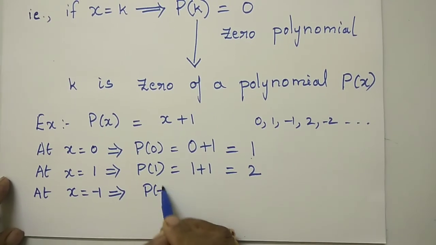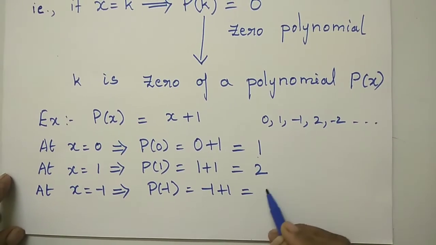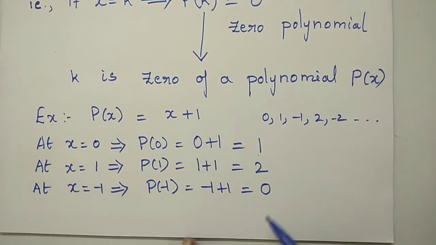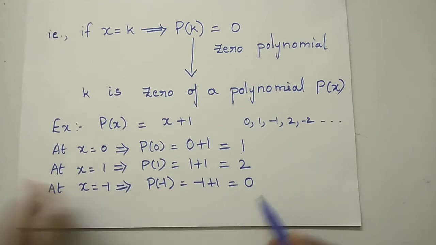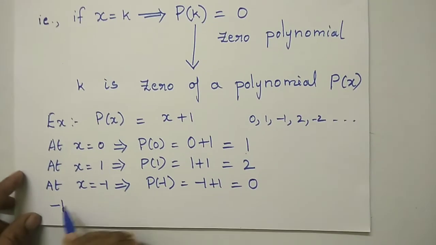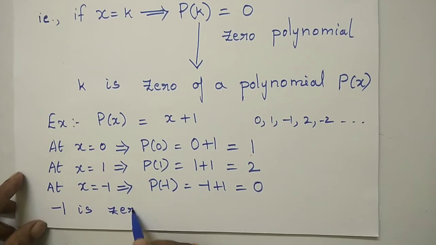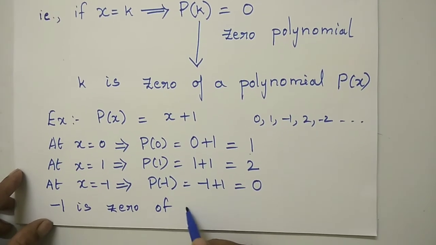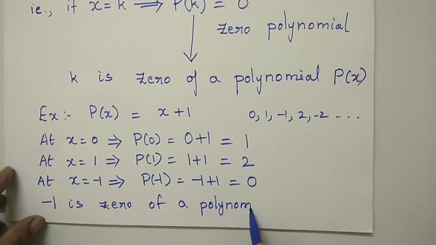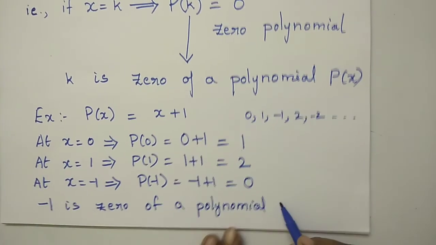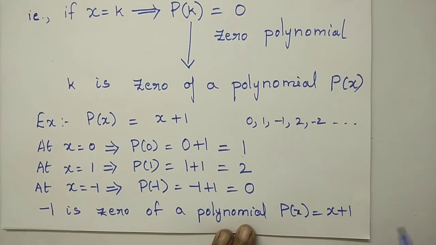Then p of minus 1 equals minus 1 plus 1 equals 0. So we got the value of the polynomial as 0. Hence, minus 1 is the zero of the polynomial p of x equal to x plus 1.